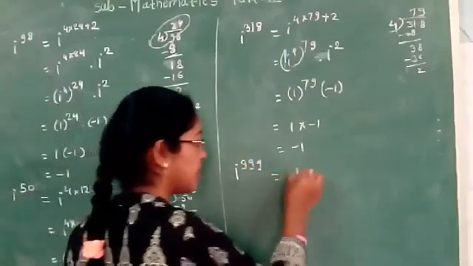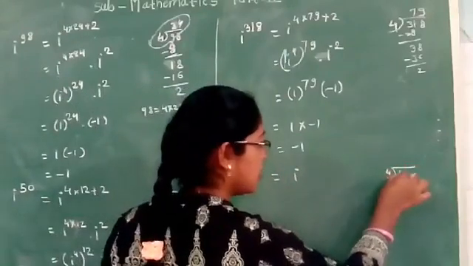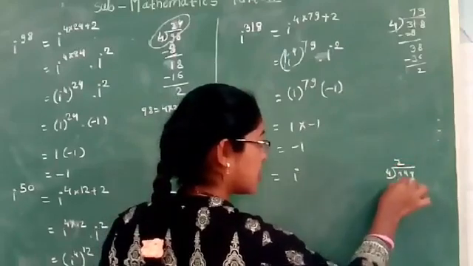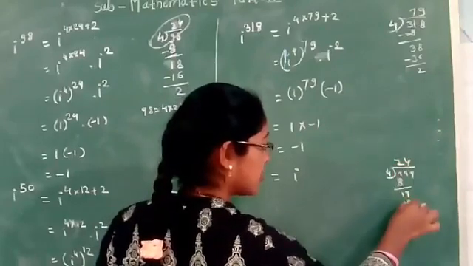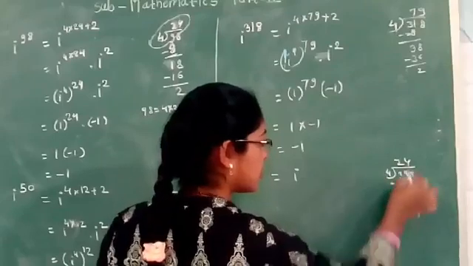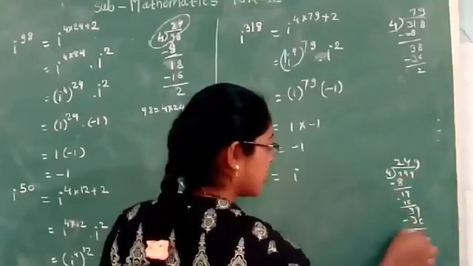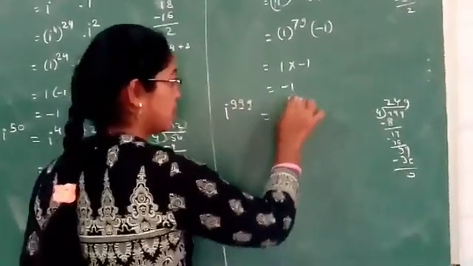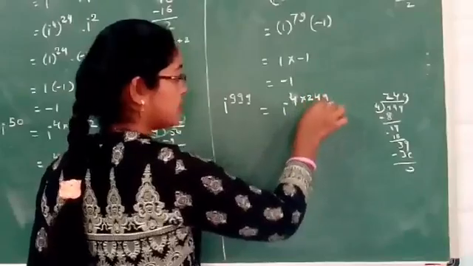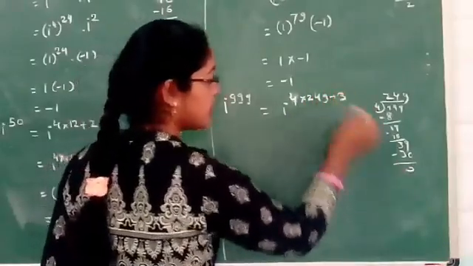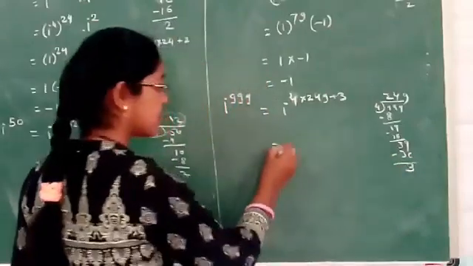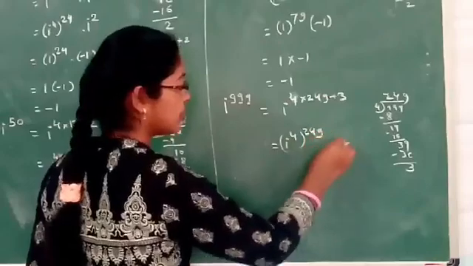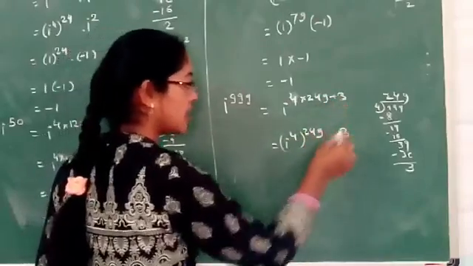999. We do the same for this. What do we do with 4? We divide. The answer is 4 into 249 plus remainder 3. So this is i raised to 4 into 249 into, here, i cube.